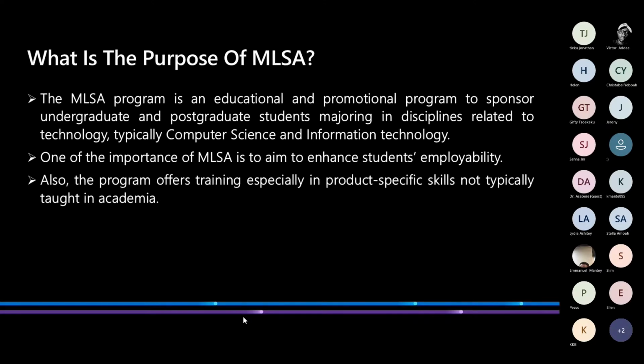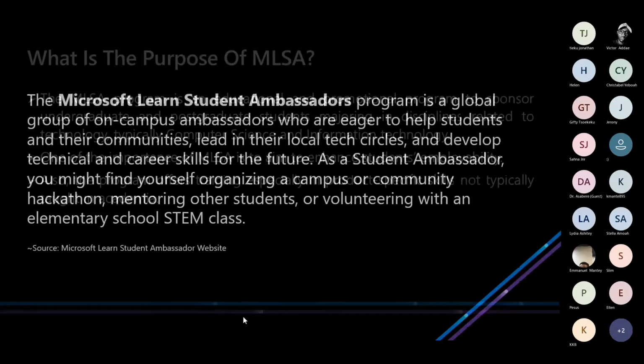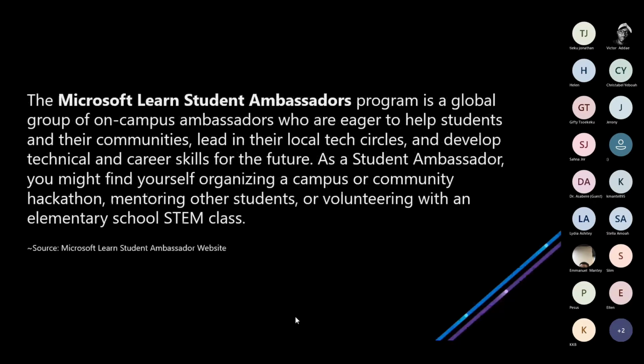I'll go to what is Microsoft Learn Student Ambassador. It's a global group of on-campus ambassadors who are eager to help students and their communities lead in their local tech circles to develop technical and career skills for the future.